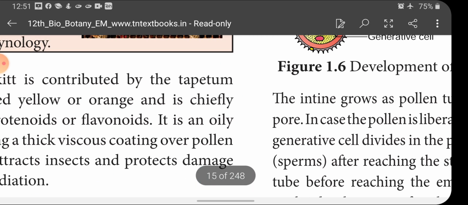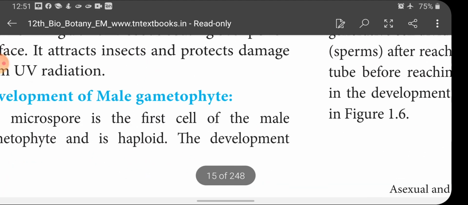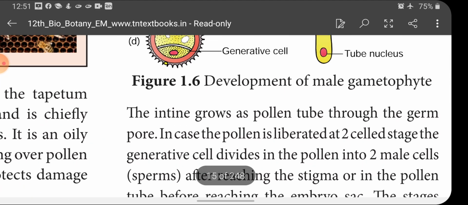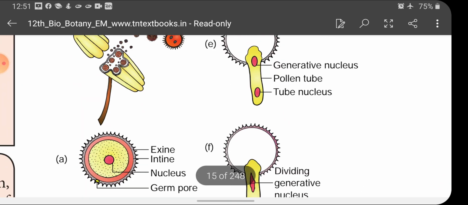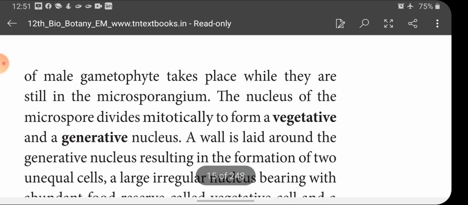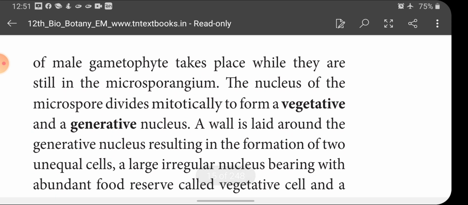The development of the male gametophyte takes place while the microspores are still in the microsporangium.